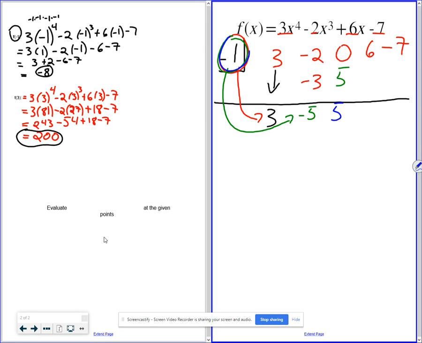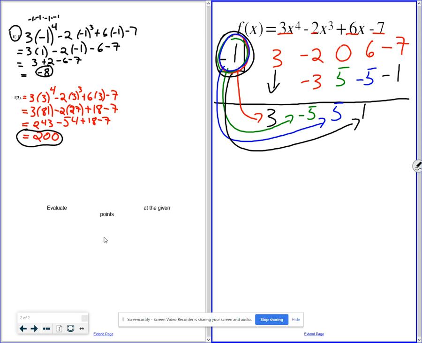We'll take -1 and multiply it by 5 to get -5. 6 plus -5 is 1. Then we'll take -1 times +1 to get -1. And then -7 minus 1 is -8.